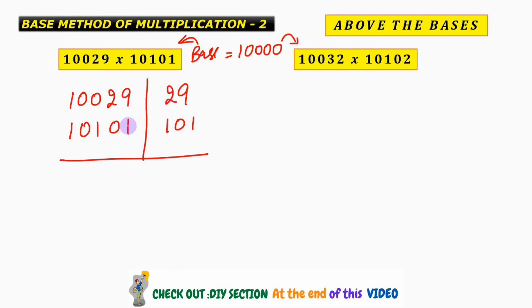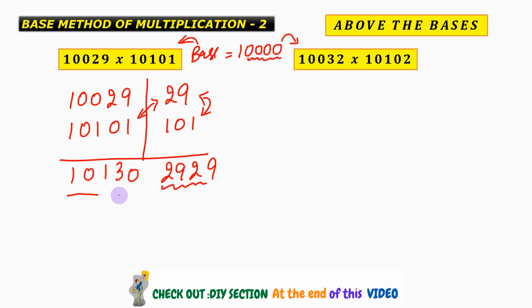Okay. Then adding these two numbers, we get 10130, and multiplying these two numbers we get 29 into 101, which is 2929, and then this is a 4-digit number which matches the number of zeros in the base, and hence this is the answer for this question.